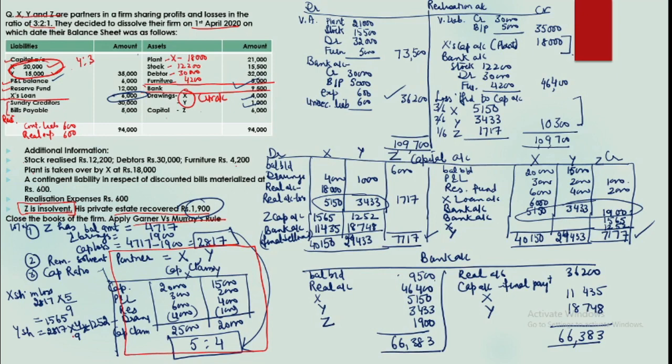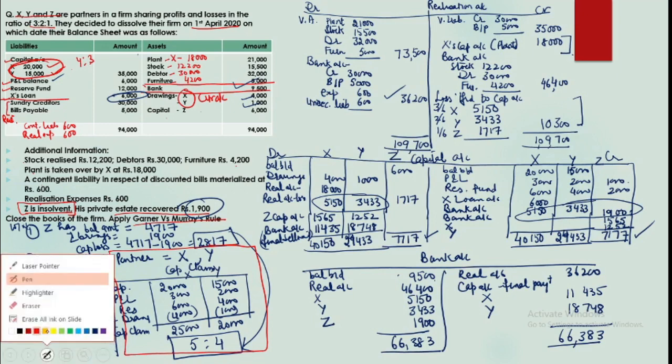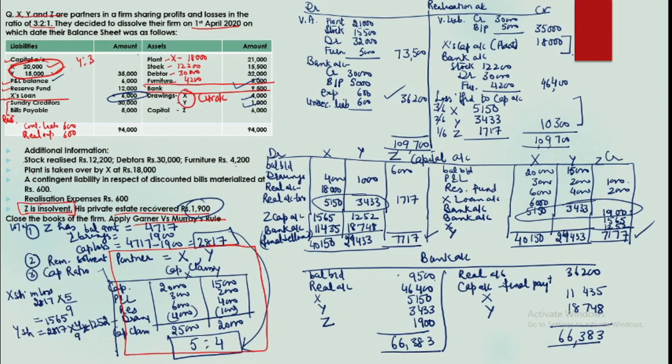Another thing can be, now suppose your question was not silent. Suppose your question was saying here, in place of this Garner versus Murray's ruling, if your question says that partnership deed allows the insolvency loss to be shared equally, then we don't need to do anything further, because the question itself says that divide this loss equally.